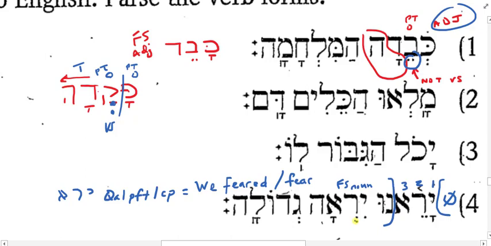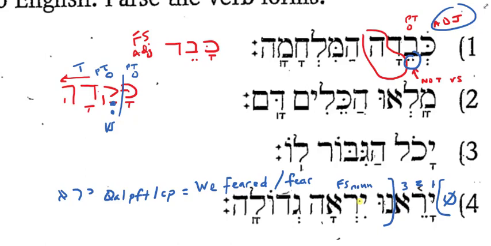Or to put it another way, we feared greatly. There are places and situations where in Hebrew a noun will be used all by itself with no preposition, and you're going to add an English preposition in order to get across the adverbial idea that it signifies.